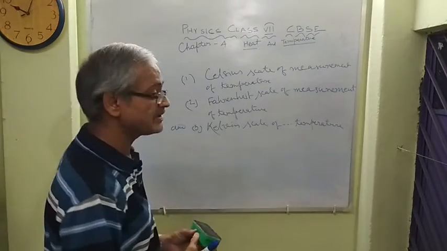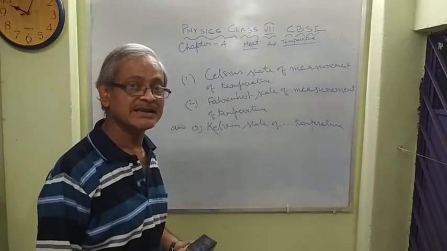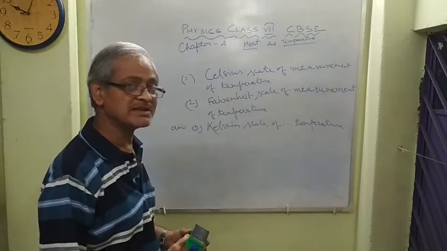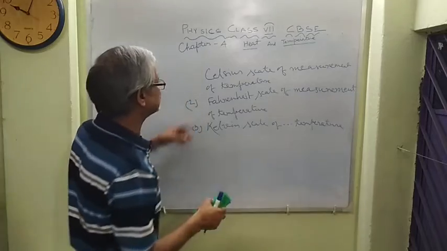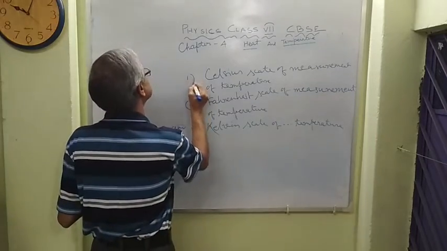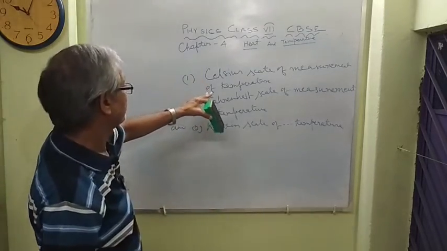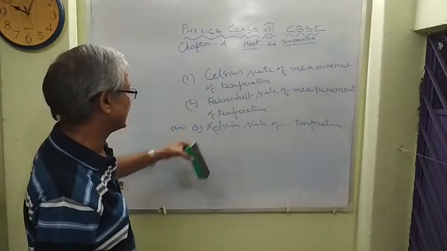Now what is a thermometer? A thermometer is a device by which we measure temperature. The Celsius scale of temperature, Fahrenheit scale of temperature, and Kelvin scale of temperature.